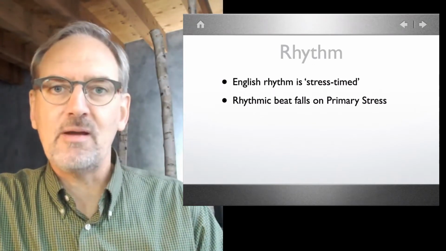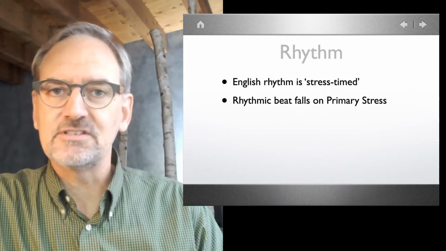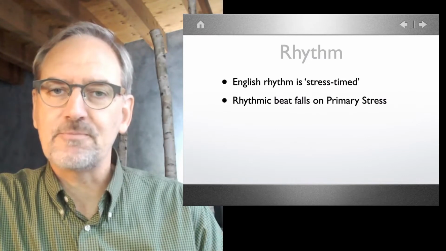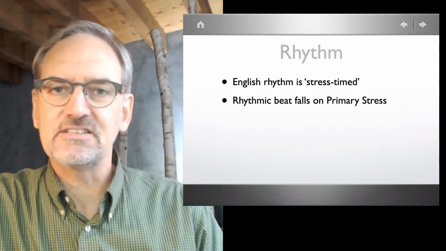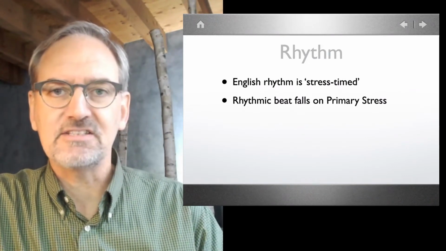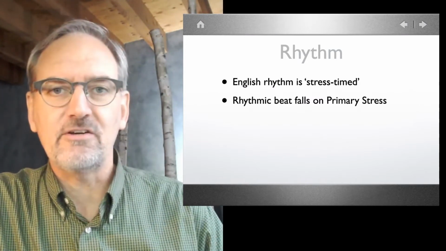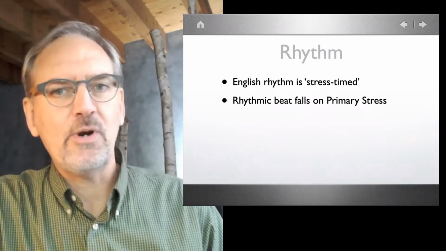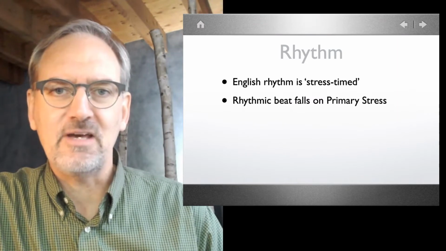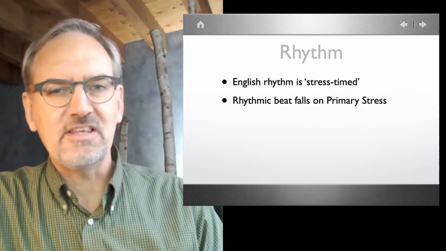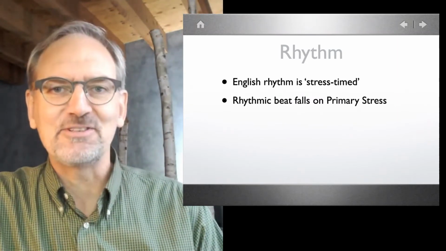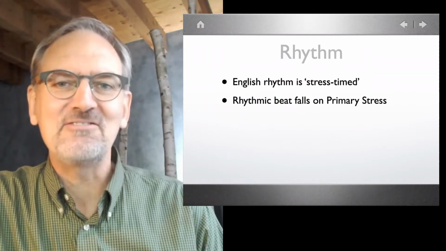And it's important to remember that stressed syllables come in two types. There's primary stress and secondary stress. And I'll try to repeat this point a few times because I had a few questions during the week by email that made it clear to me that I haven't explained this difference quite well enough.